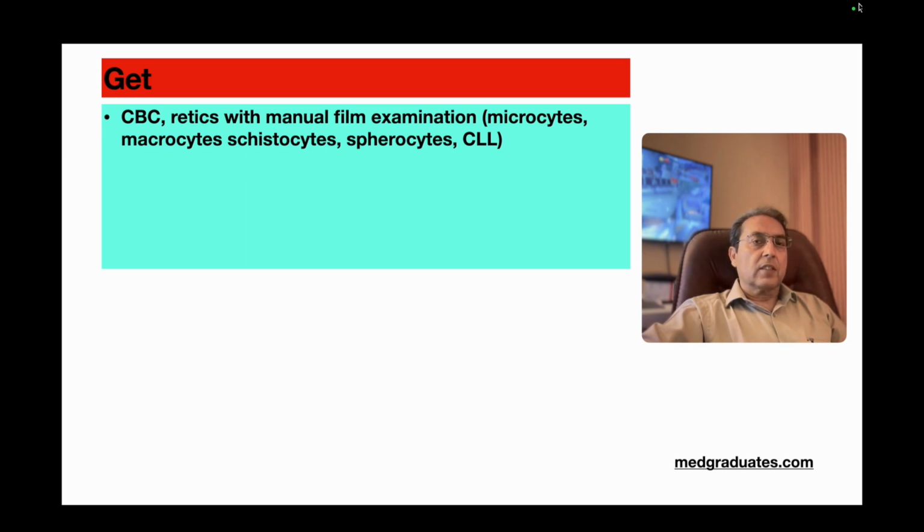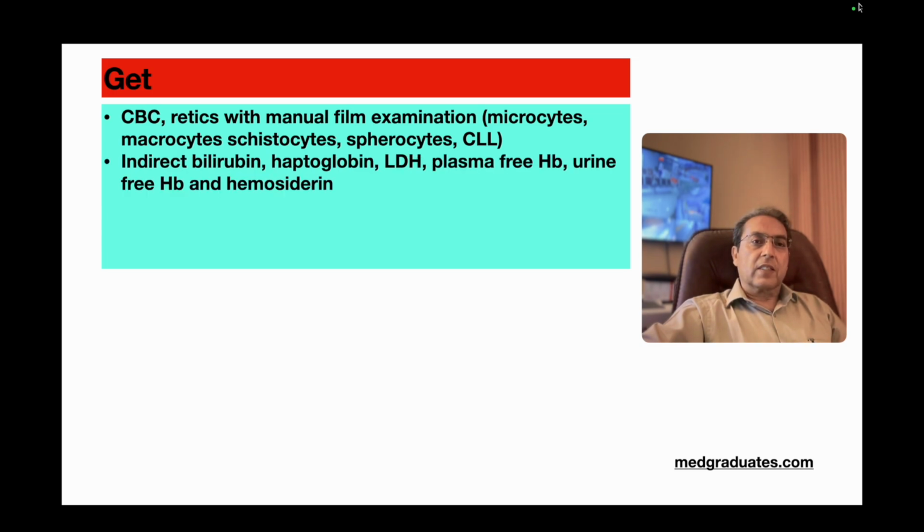Maybe schistocytes in situations like TTP, DIC, or hemolytic uremic syndrome, or prosthetic valve. Spherocytes may be present in hereditary spherocytosis, and we have to look for CLL. We can see on the peripheral film whether CLL is there or not. So the peripheral film becomes very important in chronic hemolytic anemias.